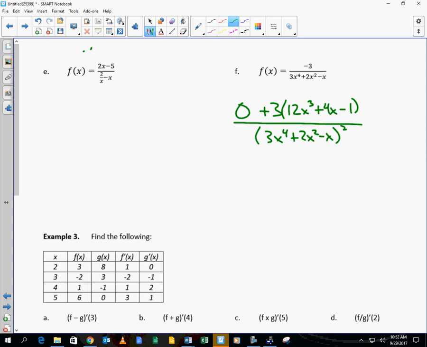All over bottom squared. We don't have to FOIL it out. We don't have to multiply it out. We can just... we got 36x cubed plus 12x minus 3 all over 3x to the 4th plus 2x squared minus x, squared.